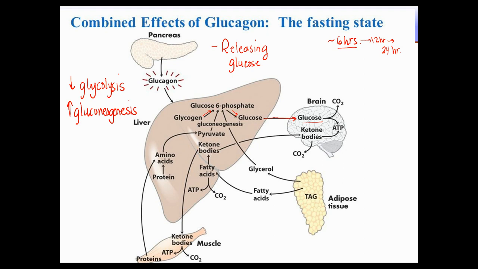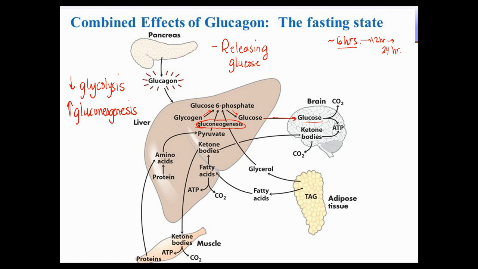Okay, so again, this is starting at approximately the 6-hour mark. It won't be fully gluconeogenesis at that point. So it begins to shift over to that. And then as you keep going in your fasting state, you get deeper and deeper into this. So gluconeogenesis becomes more important.